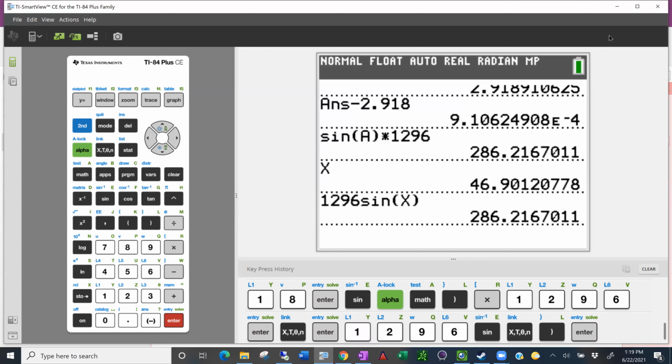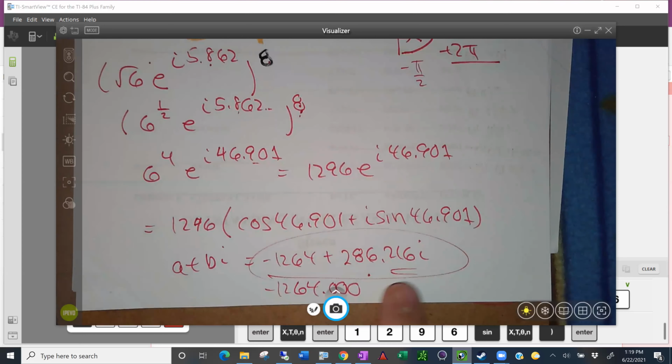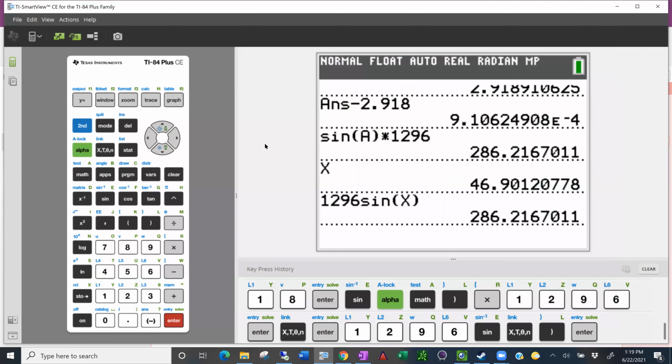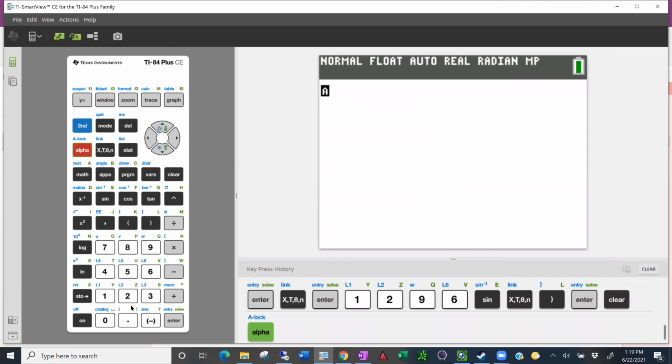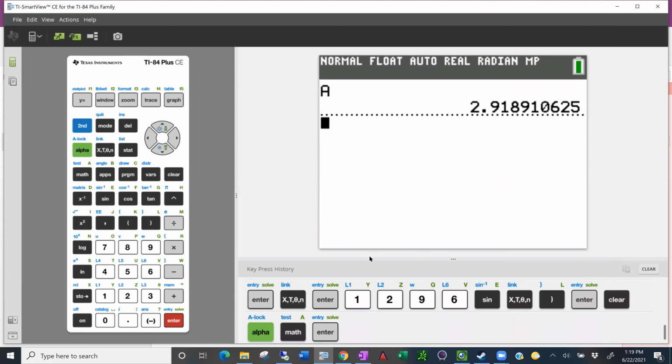Okay. And then exponential form, it wants it to 3 decimals. So do you do 1296 e to the i 2.919 or 2.918? Let's look back here. I put that value in alpha. So 2.919 would be rounded to 3 decimal places.